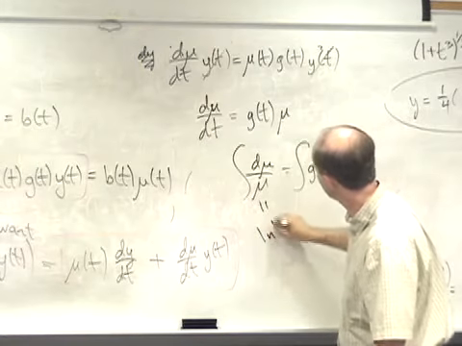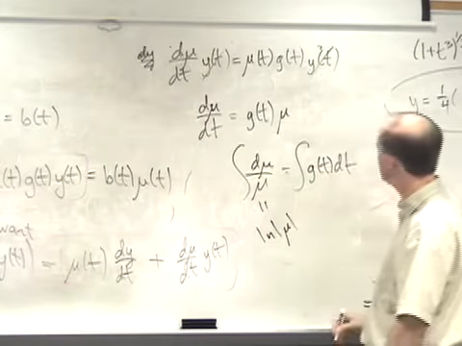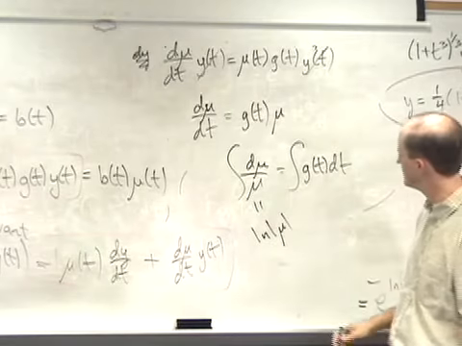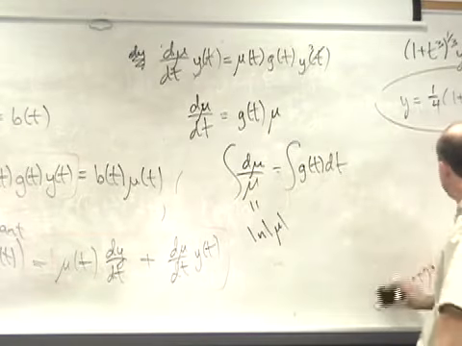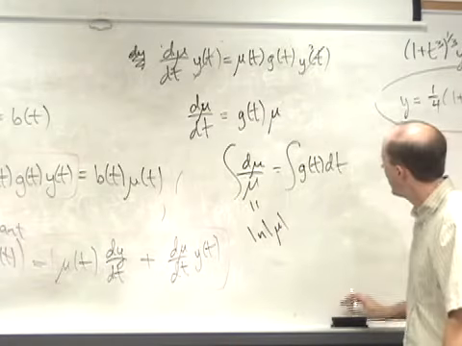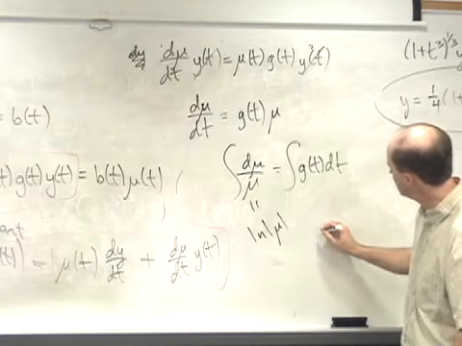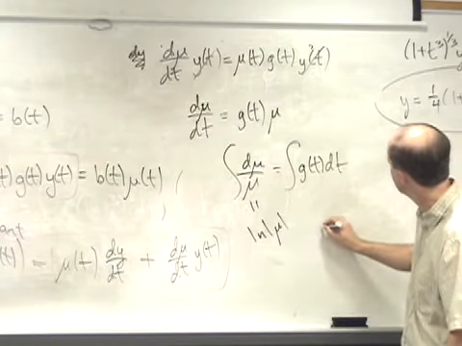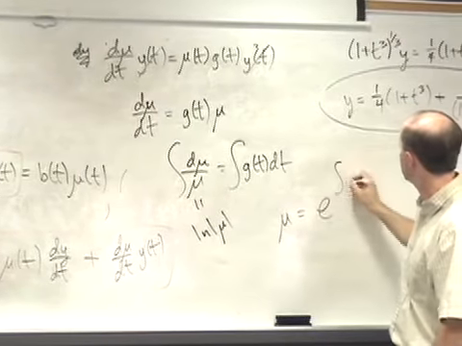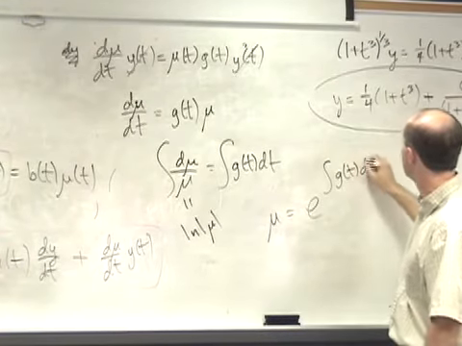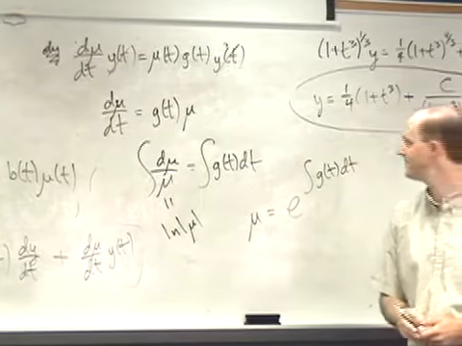That becomes a natural log of the absolute value of mu. I'll get rid of the absolute values because we just want ultimately one integrating factor here. I'll exponentiate. If I exponentiate the left-hand side, the e and the natural log cancel out. So I'm left with mu equals e to the integral of g of t dt.